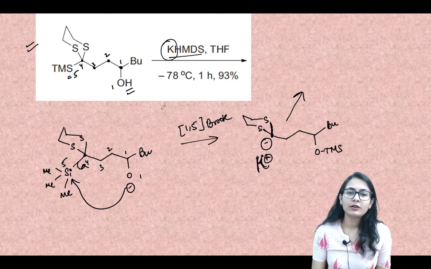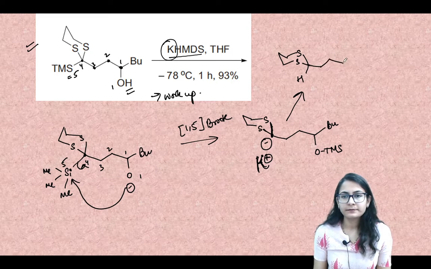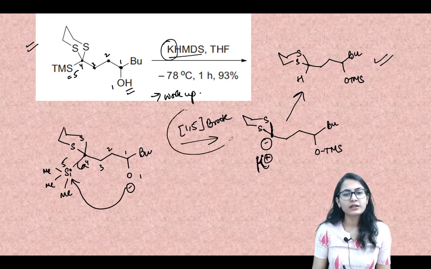So after all of the major reactions you have an aqueous workup. In the aqueous workup you are just going to end up with this kind of molecule, OTMS and the butyl. So this is going to be your major product in the 1,5 Brook rearrangement right over here.